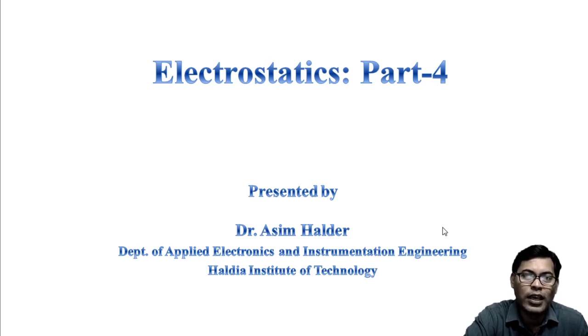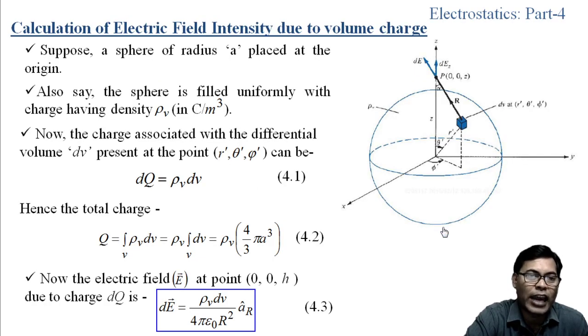So, here the extensive discussion on the calculation of the electric field intensity due to the volume of charge is not given. So, let us start the topic, that is the calculation of electric field intensity due to volume of charge.